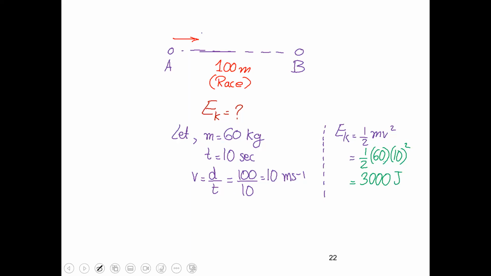In estimation, you can take any value which is realistic. I have taken 60 kg for the athlete. Speed is equal to distance upon time, and then I put in the formula to find the kinetic energy.